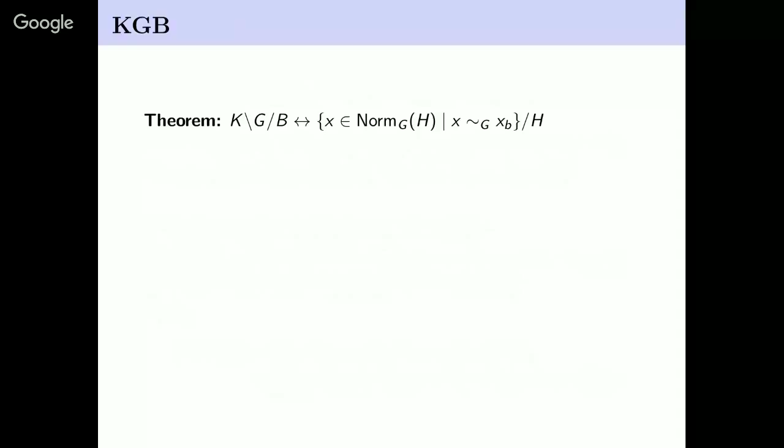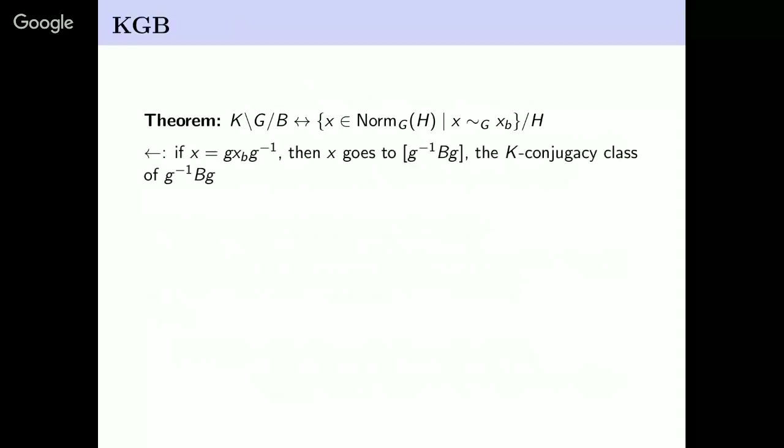And the map is the following. If X is an element of the right-hand side, by assumption, it's conjugate by G to this base point XB. So pick a G which does that conjugation, then this element X goes to the Borel subgroup G inverse BG, which is to say the K conjugacy class of that Borel subgroup.